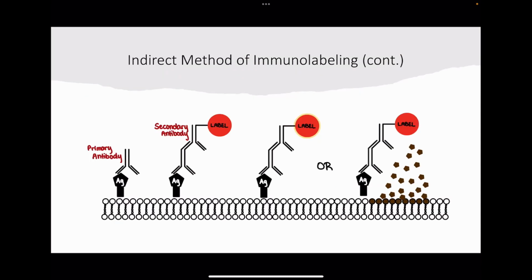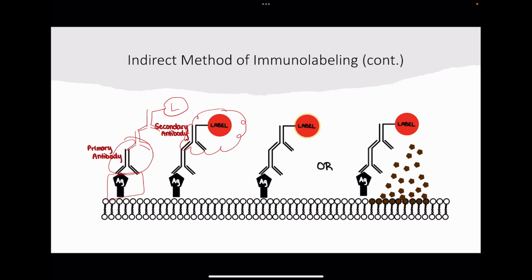Now, the tissue staining is a little bit more precise, but this is one of the advantages of the indirect method. And we see here in this diagram, we have our primary antibody bound to the antigen. Once this occurs, we can call upon our secondary antibody with the labeling agent, or we can repeat this process, have another antibody come on here, and then have a tertiary or a fourth antibody, something like that, with a labeling agent.